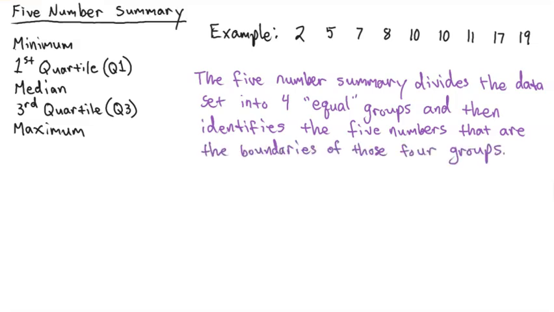All right, so suppose we have a data set of 28 data points. We could split these 28 data points into 4 equal groups of 7 numbers each.